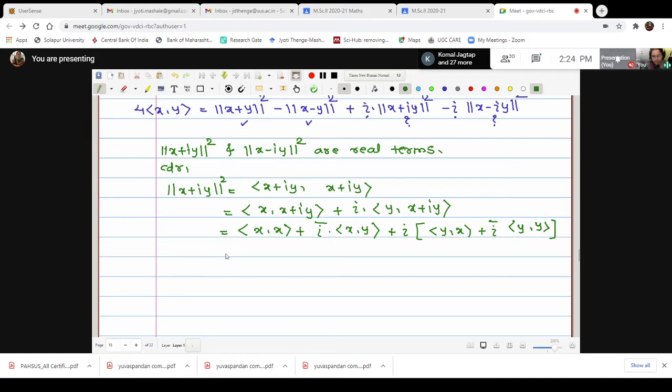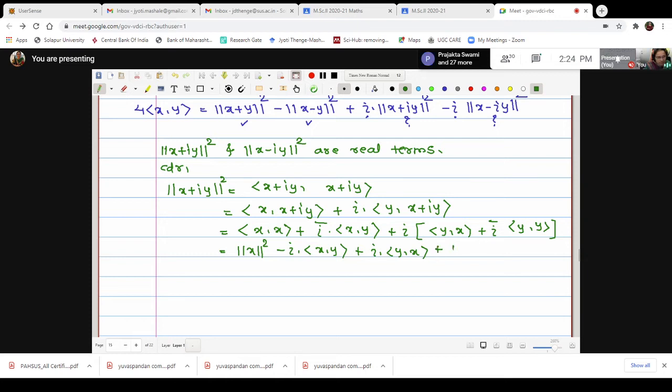Okay, therefore this term is norm square of x, no doubt. And my i bar is nothing but minus i. This is inner product x with y plus i times inner product y with x. If I multiply i by i bar, which is minus i, this is minus i square, and minus i square is plus 1.